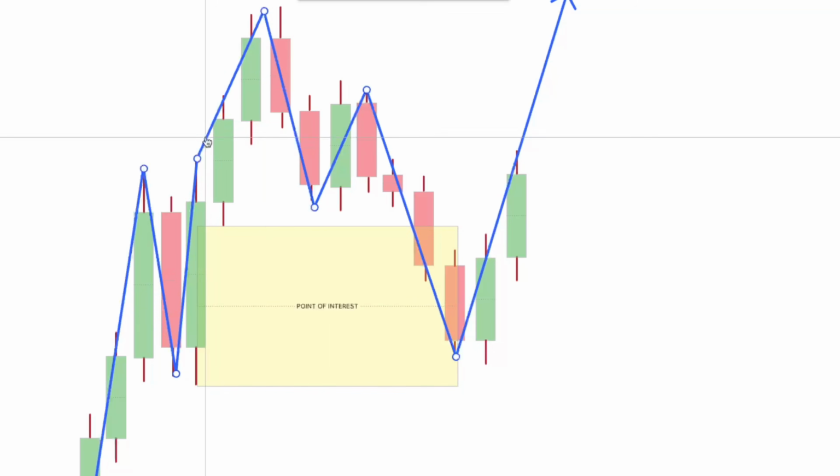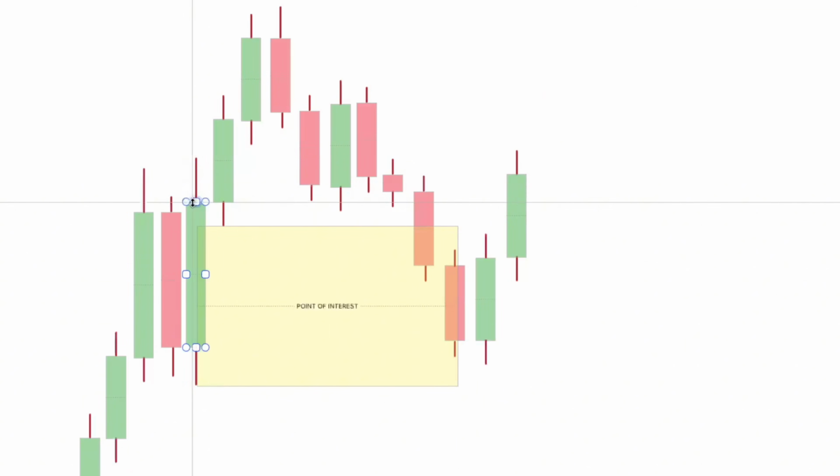So when you think about the general constructs of what we've got, we've got an area where the market had hesitated. This might have been a reaction to another point of interest over on the left somewhere. That's usually a good indicator because the market tends to react from supply and demand areas, which are previous support and resistance areas in a lot of cases.